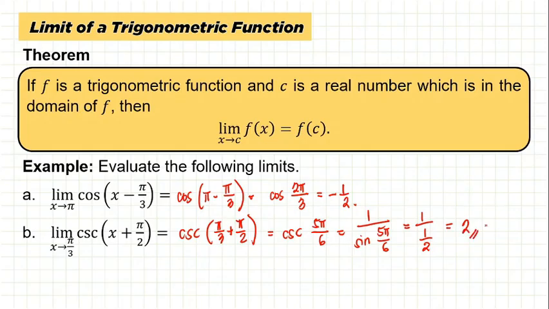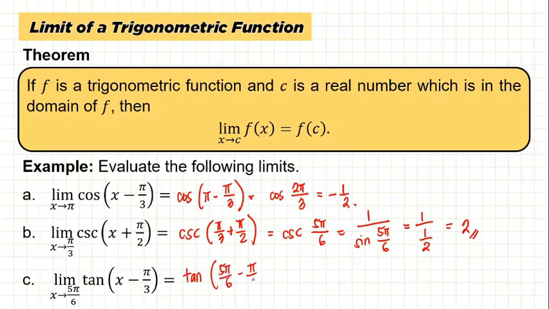Okay? And for letter C, the limit of tangent of x minus pi over 3 as x approaches 5 pi over 6, we will have tangent of 5 pi over 6 minus pi over 3. So this will now be equal to tangent of 3 pi over 6, or just tangent of pi over 2. Tangent is equal to sine over cosine.